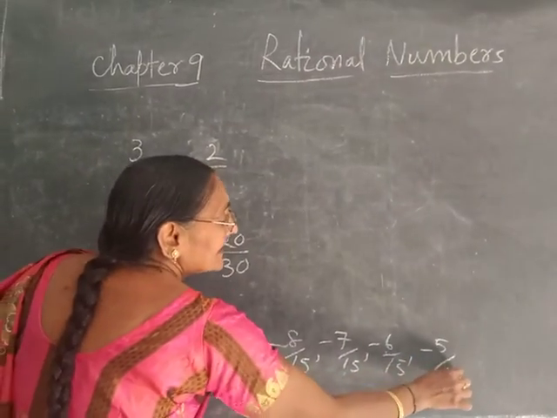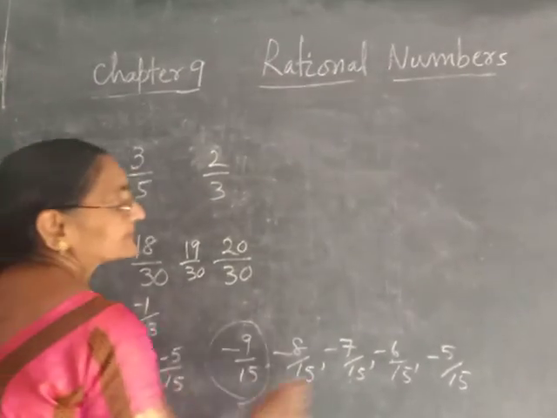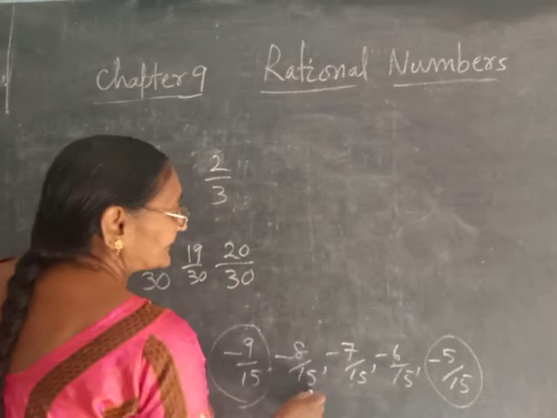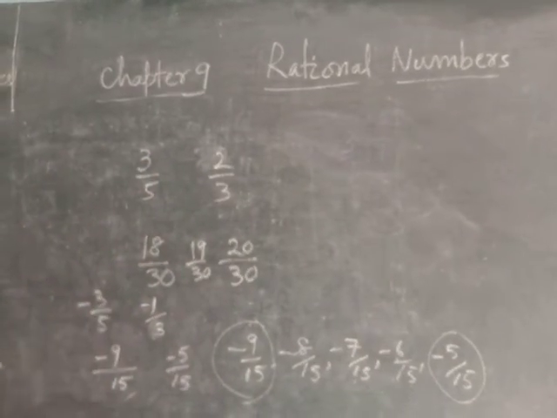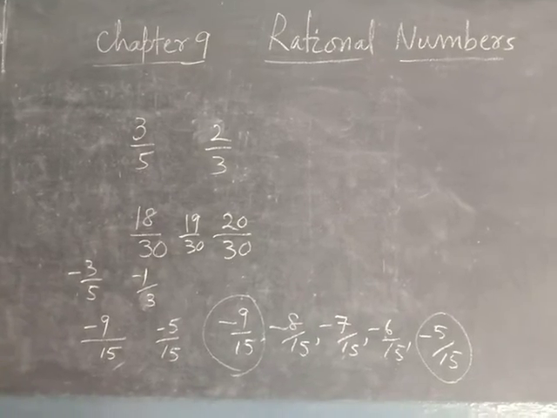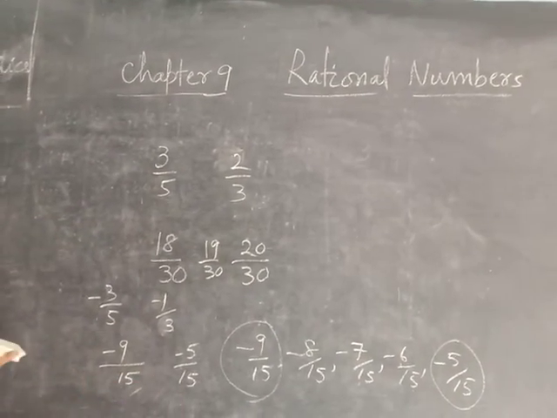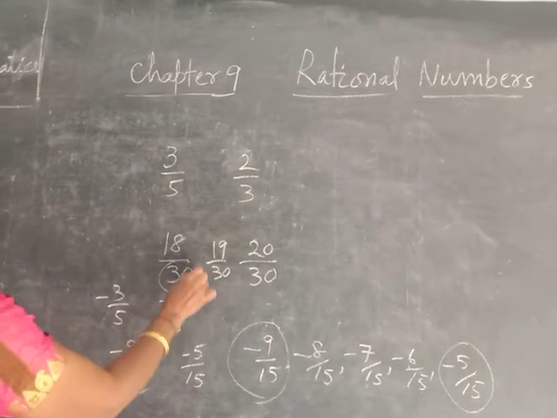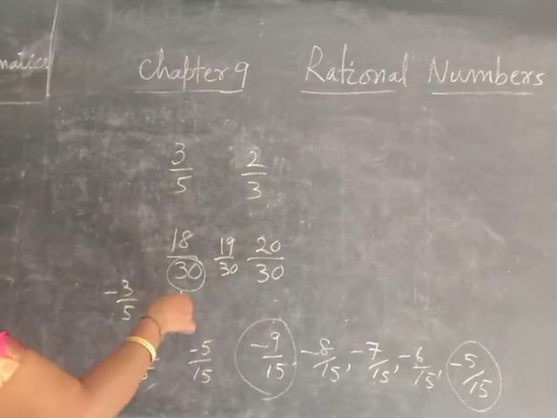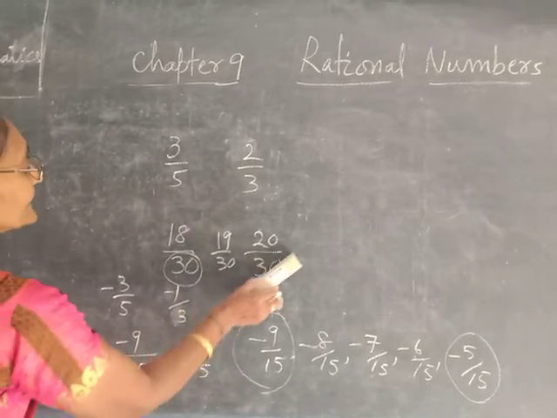Means how many rational numbers are there between these? Three numbers are there. Right, however many you want, that many numbers will come. So infinite numbers will come between two rational numbers. If you want more numbers, you have to take a bigger denominator. Do you understand?